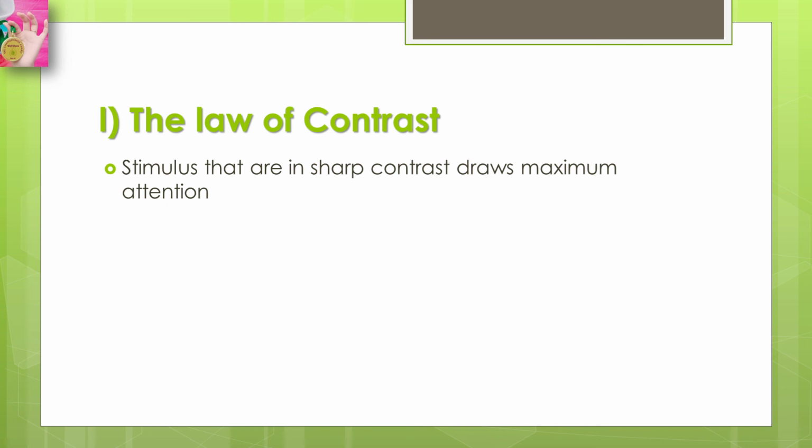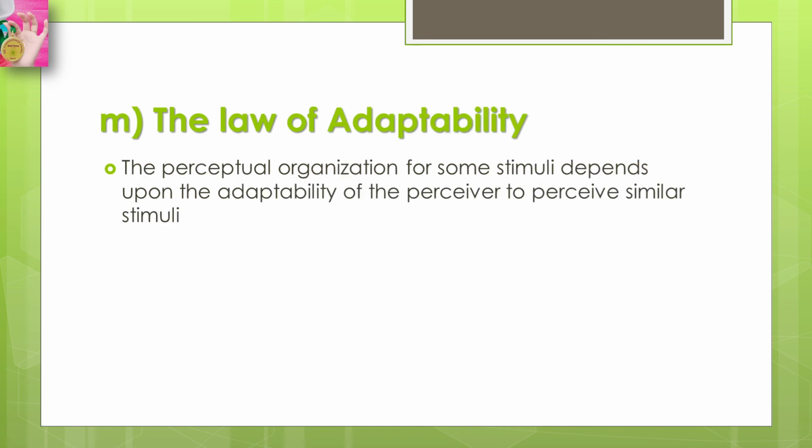Then the next and the last law is the law of adaptability. According to this law, the perceptual organization for some stimuli depends upon the adaptability of the perceiver to perceive similar stimuli. For example, an individual who has adapted himself or herself to work before intense bright light will perceive normal sunlight as quite dim.